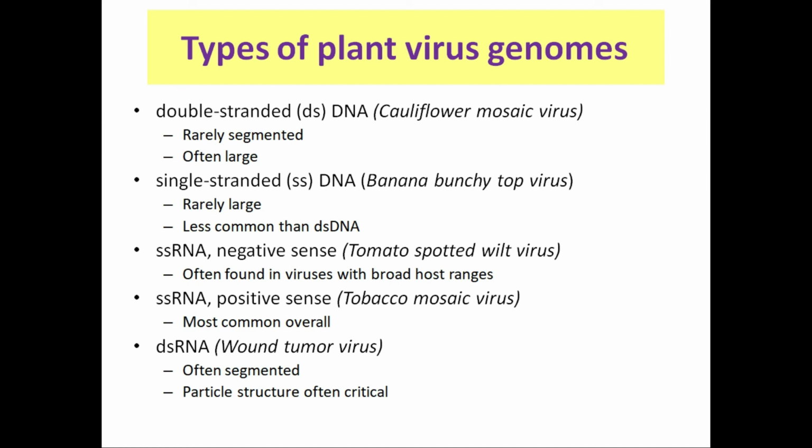Single-stranded RNA positive sense, example is tobacco mosaic virus. In fact, most of the plant viruses are of this type, single-stranded RNA positive sense. Then double-stranded RNA, we have this as genome in case of wound tumor virus.